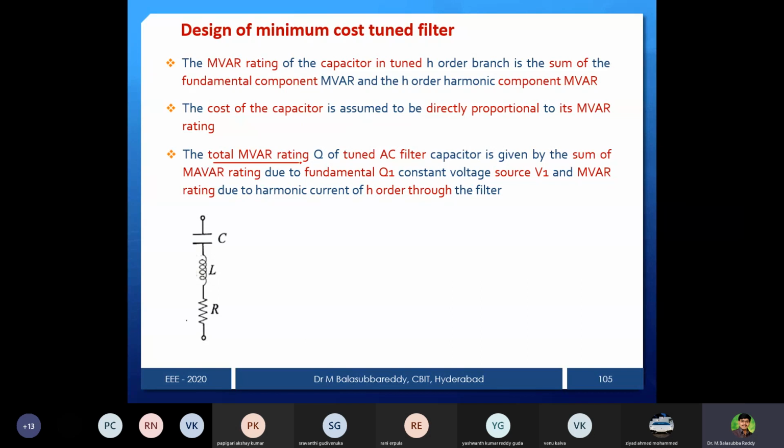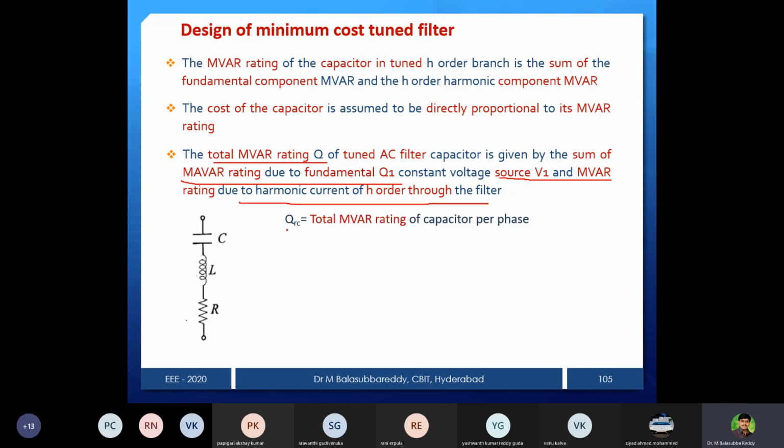You can see the total MVR rating of a tuned filter is the sum of the MVR rating due to the fundamental voltage source V1 and the MVR rating due to the harmonic current of the H order filter.